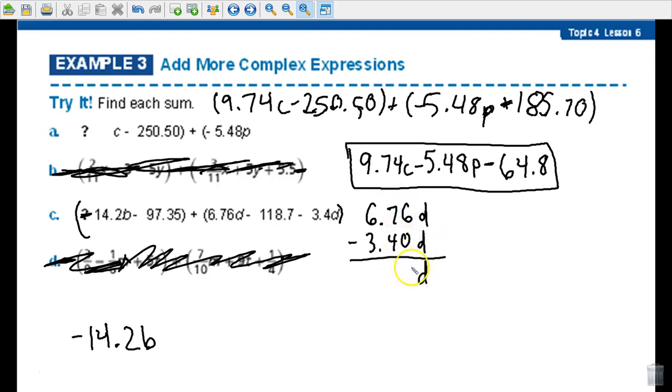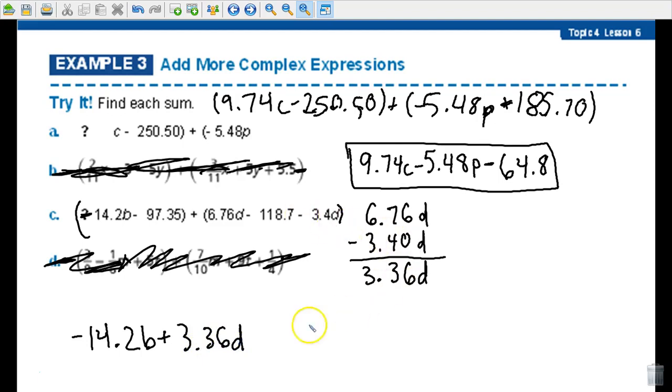6 minus 0 is 6. 7 minus 4 is 3. The decimal comes straight down always when we're adding and subtracting. 6 minus 3 is 3. So my answer would be positive 3.36D. So we add that to our answer, plus 3.36D. All right?